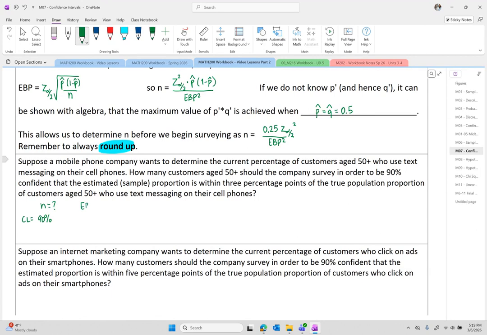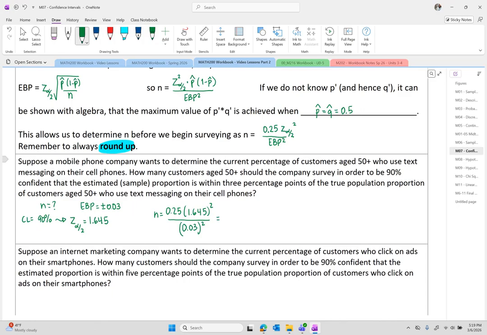The error bound for the proportion needs to be plus or minus 0.03. I wrote it incorrectly before: 3% is 0.03 and not 0.3, which is 30%. The confidence level of 90% gives me a z alpha halves of 1.645. To find n, I calculate 0.25 times the z-score squared divided by the error squared.